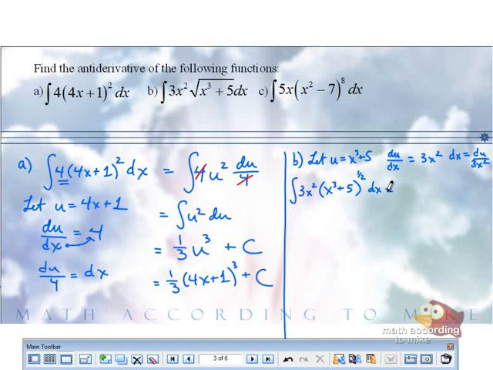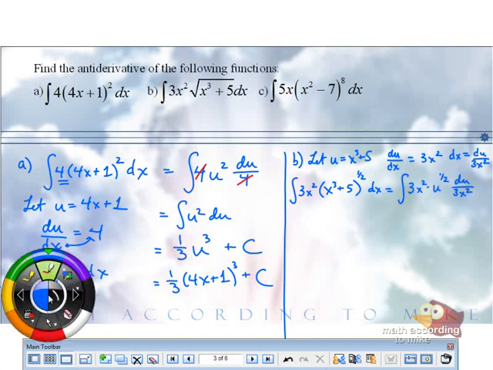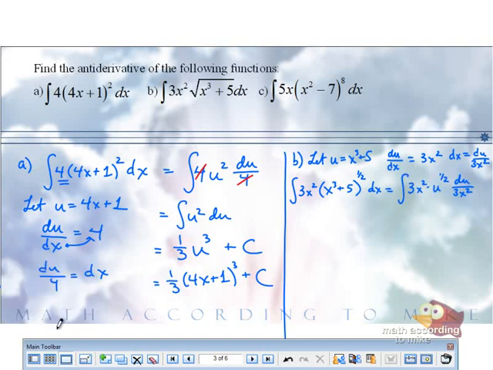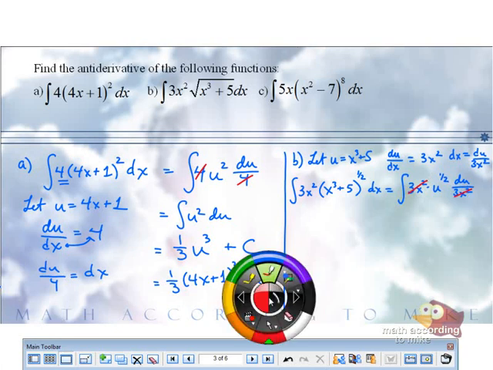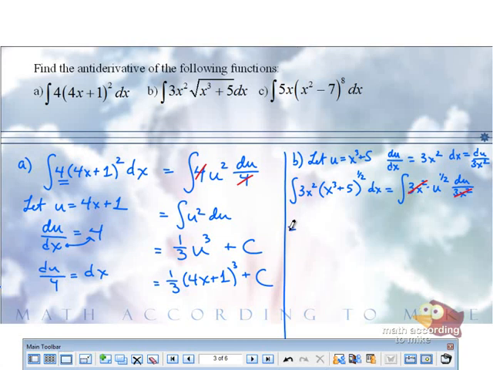U. dx is now, what happens to the 3x squareds? They cancel. After you have done a U substitution, your integrand needs to be all in terms of U. We can't have any x's left over. If you do, either that means you picked the incorrect U, or you have to do some more work. And we'll see that later on.